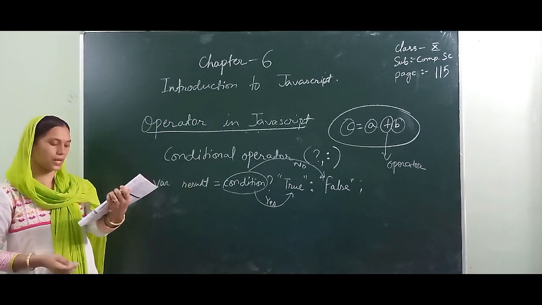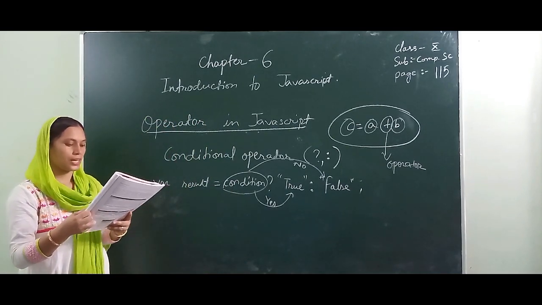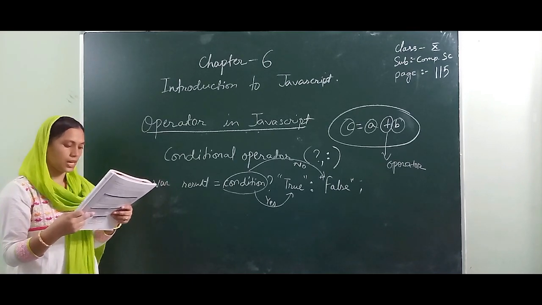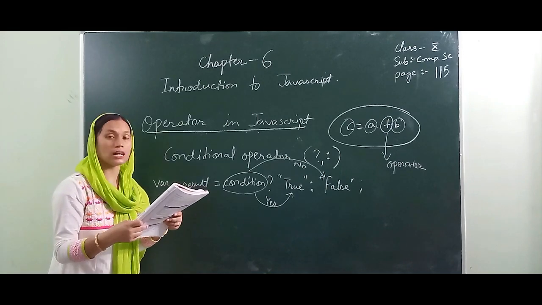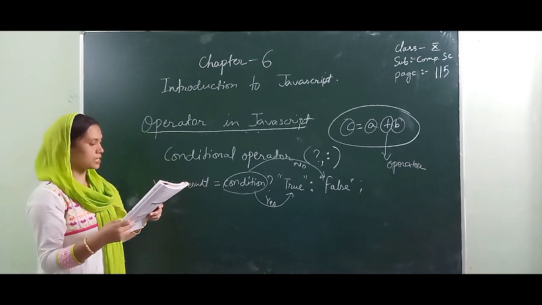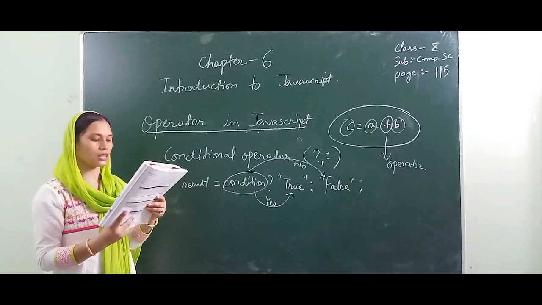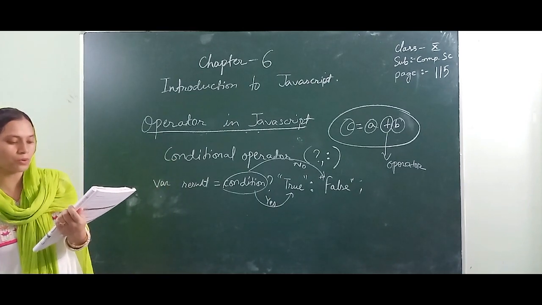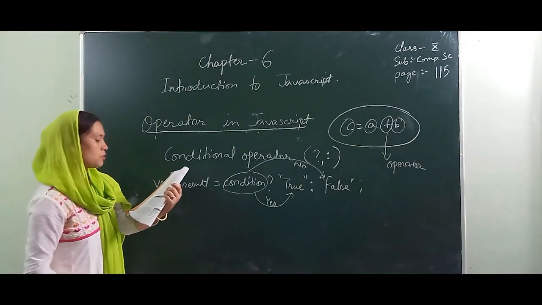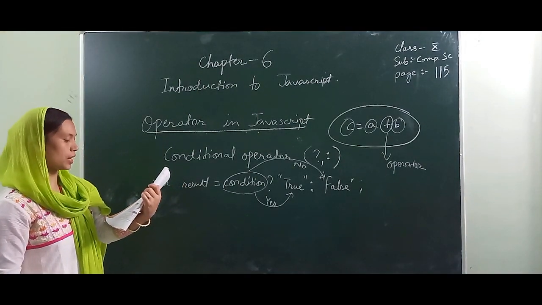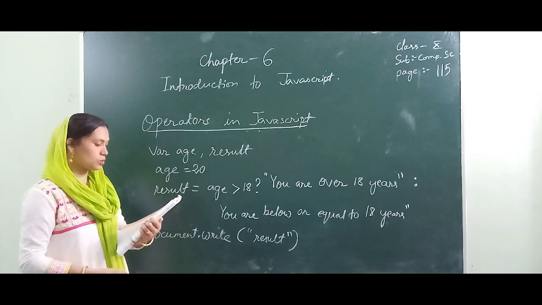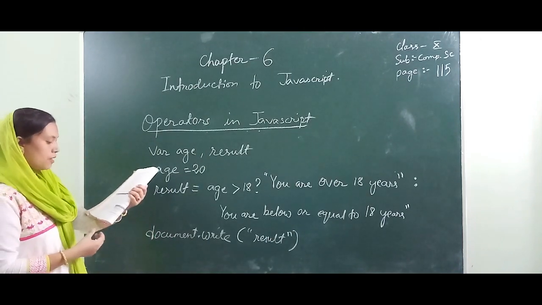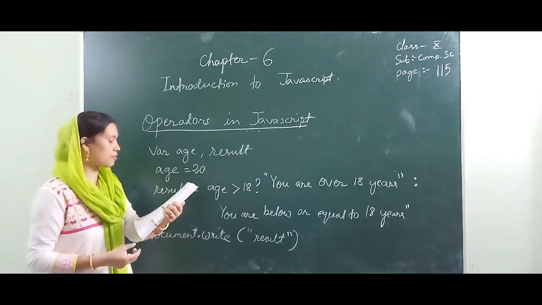Let's take an example from the same page. Figure number 6.11. var age and result. Age is assigned as 20. The result is: age is greater than 18, question mark, you are over 18 years, colon, you are below or equal to 18 years. Let's go through it with the help of the example from your book itself, figure number 6.11.